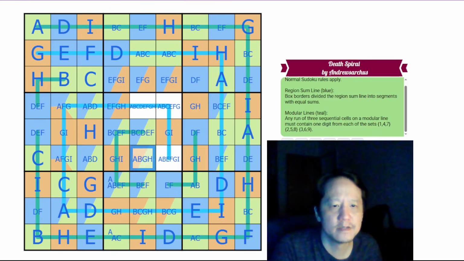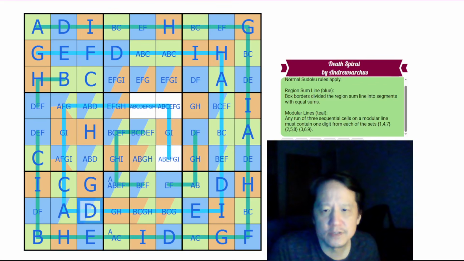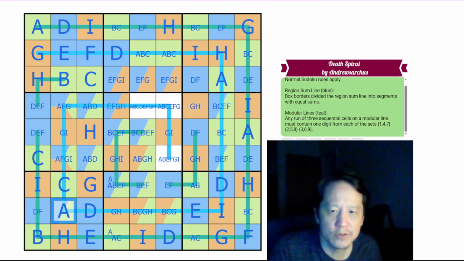And so this would be non-green, non-blue. This would not be green, so this would not be blue. We have double green here. No D here, no D here. D eliminates D here.